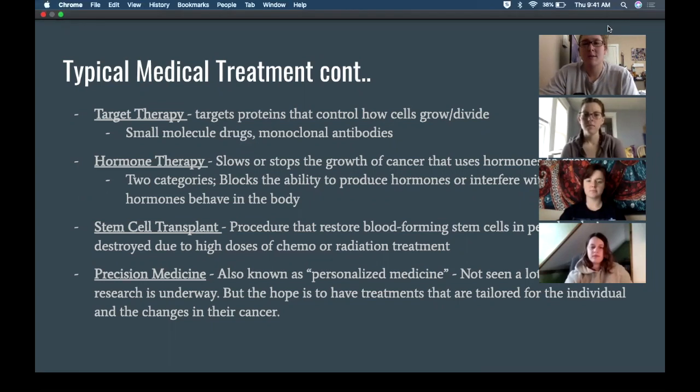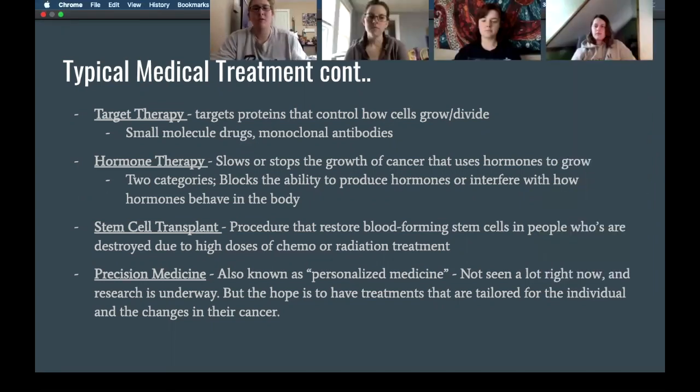And then stem cell transplant is a procedure that restores blood-forming stem cells in people whose stem cells were destroyed by high doses of chemo or radiation. So this is often seen after radiation or chemo treatment, and they do a stem cell transplant to restore what they have lost.